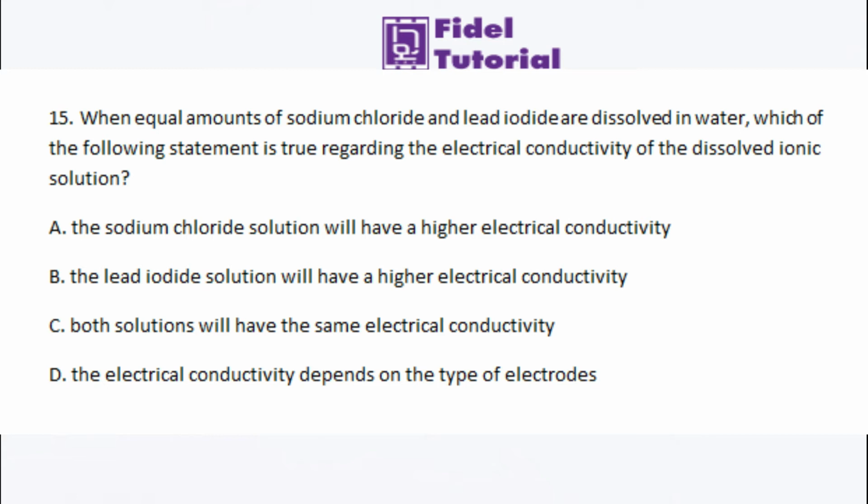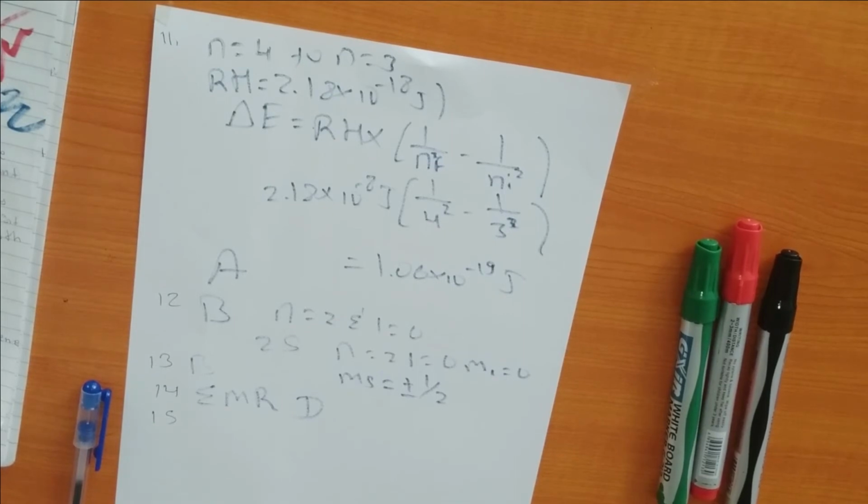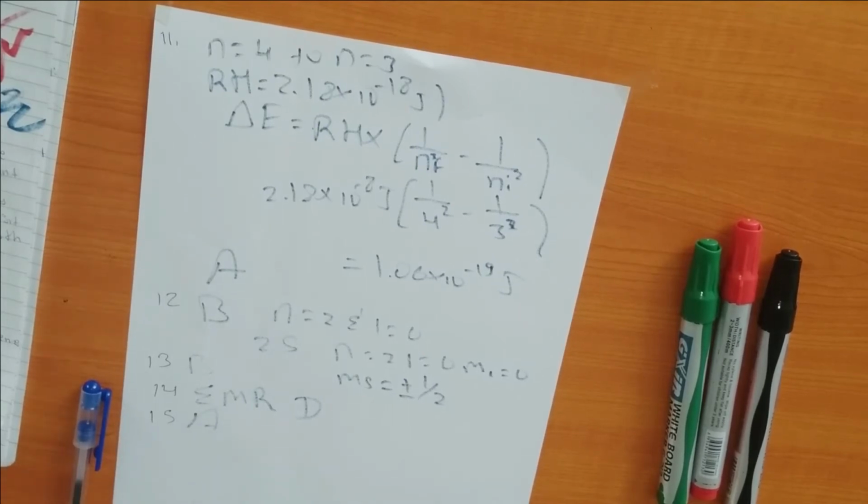B, the lead iodide solution will have a higher electric conductivity. C, both solutions will have the same electric conductivity. D, the electric conductivity depends on the type of the electrons. So sodium chloride is soluble in water but not lead iodide. The sodium chloride solution will have a higher electric conductivity. So our answer will be A.